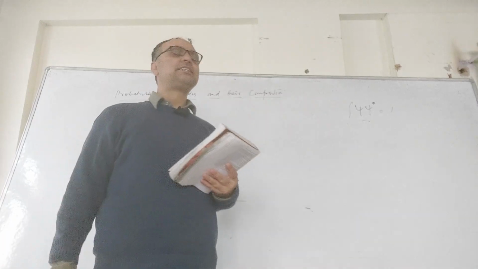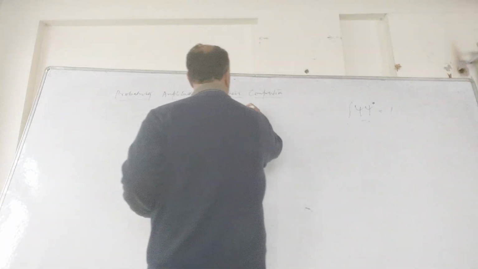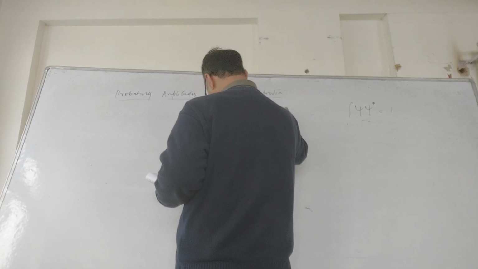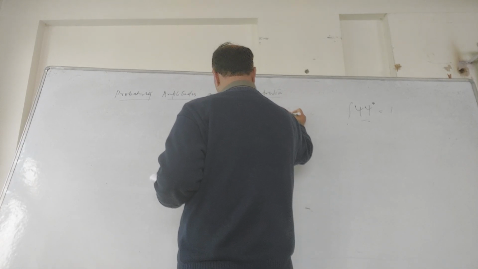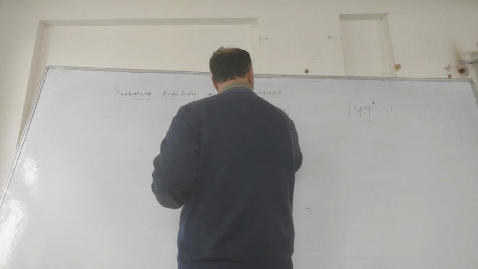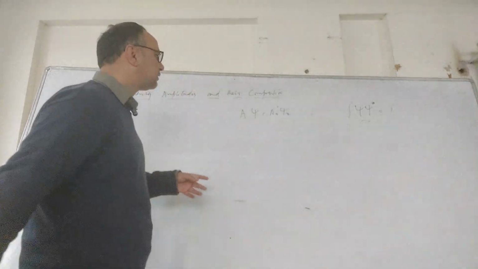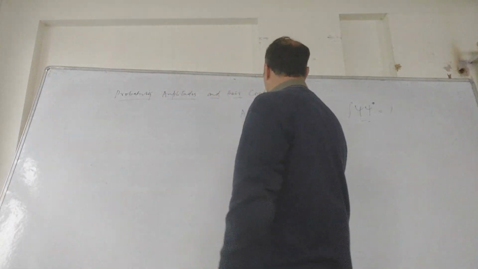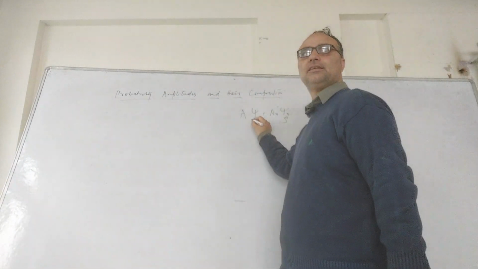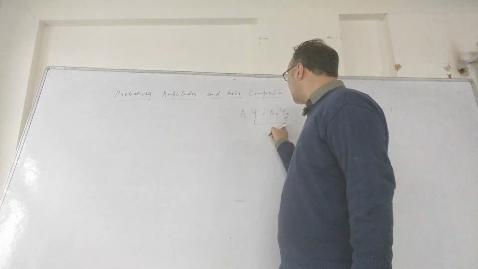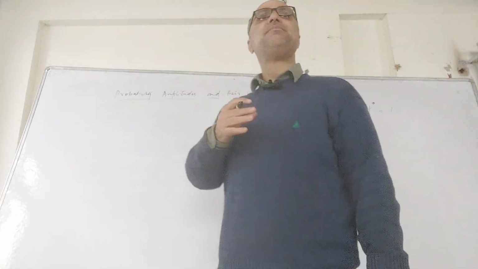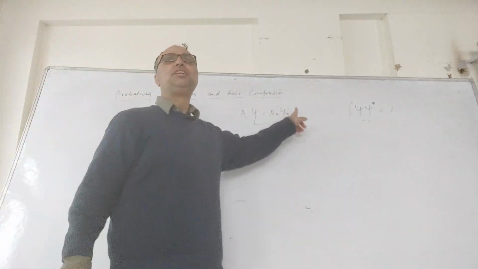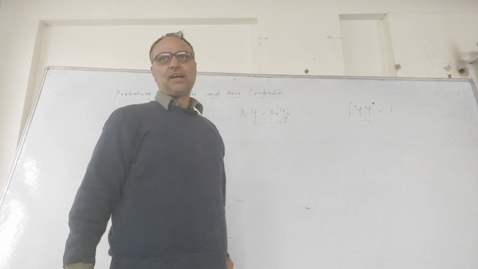To each eigenstate there corresponds an eigenvalue. There may be more than one eigenstate corresponding to a given eigenvalue.